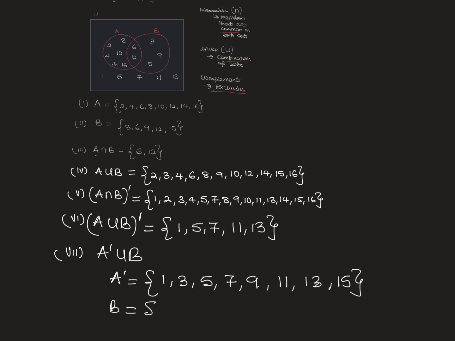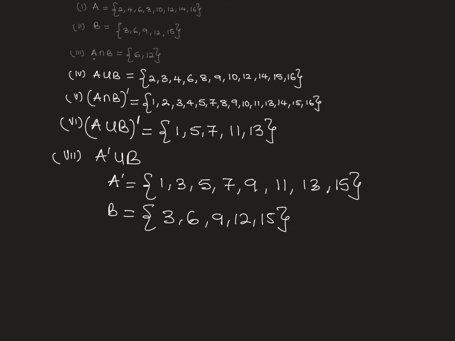Then what are the members of B? Members of B are 3, 6, 9, 12, and 15. So if they say unite these two, that is A complement union B, just try to write whatever you have there. So it's 1, we have 3, so there is no need of writing it 2 times. We have 3 in both of them.